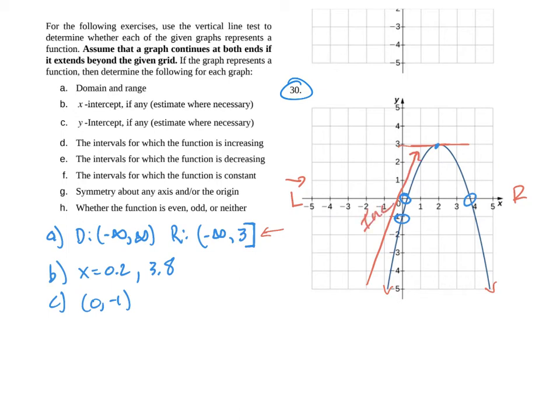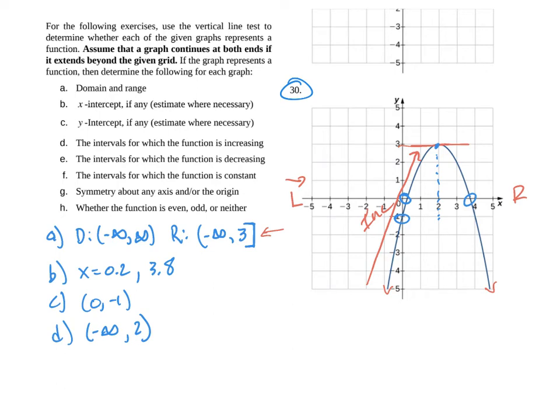And in interval notation, the way we indicate that is we say we're starting over here at the left, which is negative infinity, and it increases all the way up until this x value right here at x equals 2. It's not increasing or decreasing at 2, so we're not going to include that with a square bracket. 2 is the boundary where it stops increasing.